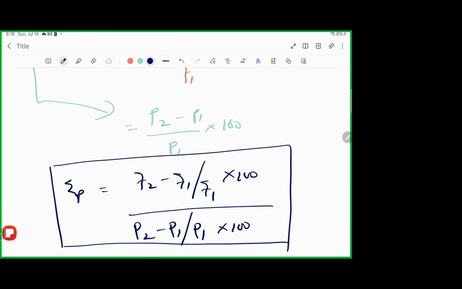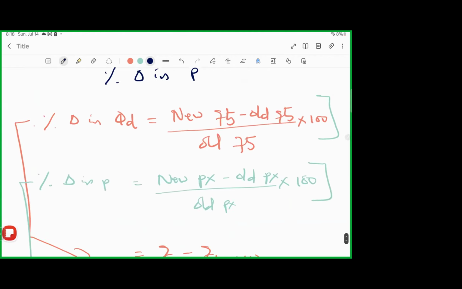This will give you the elasticity. And you have the values here.